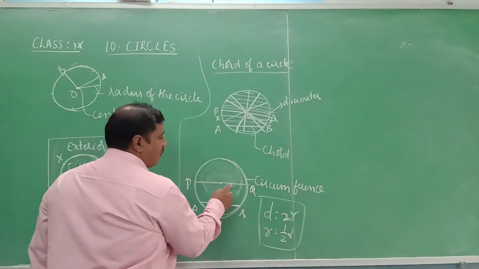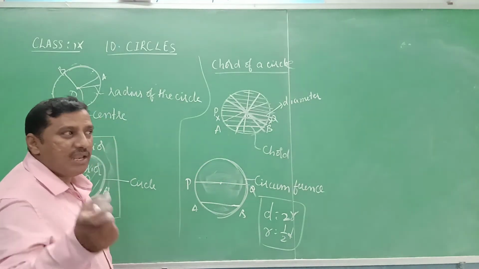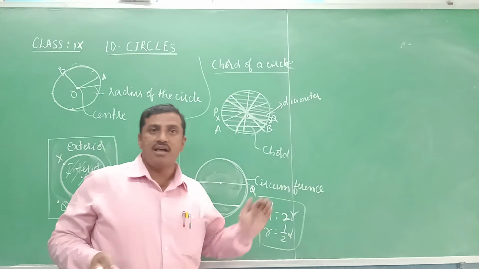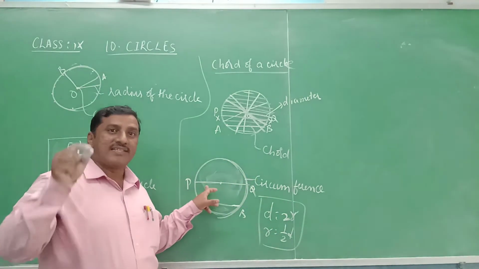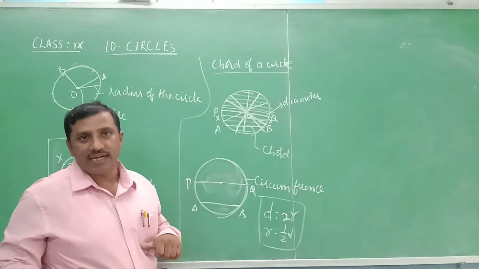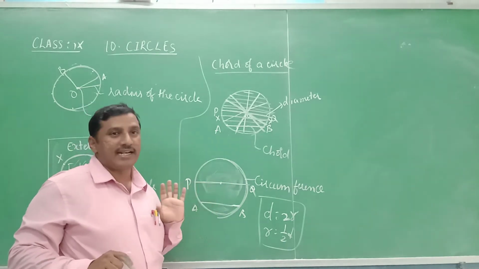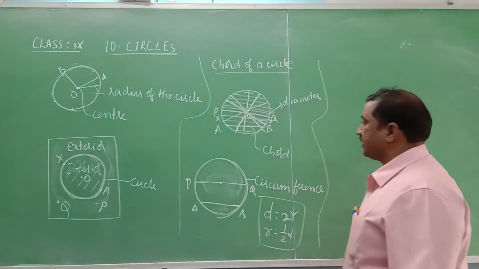If radius is 4 centimeters, diameter will be 8 centimeters. If radius is 3 centimeters, diameter will be 6 centimeters. Or if the diameter is 5 centimeters, then radius will be 2.5 centimeters. So it is about the circumference, radius, and all those things.